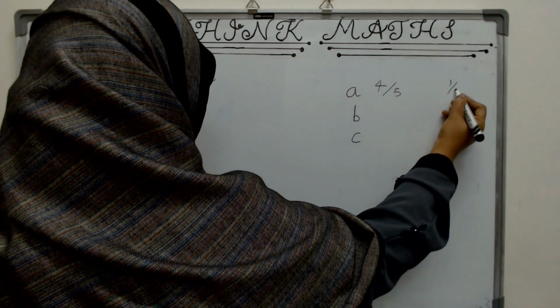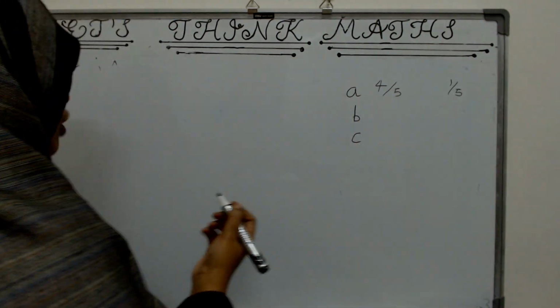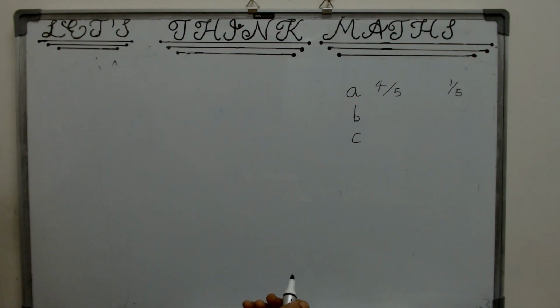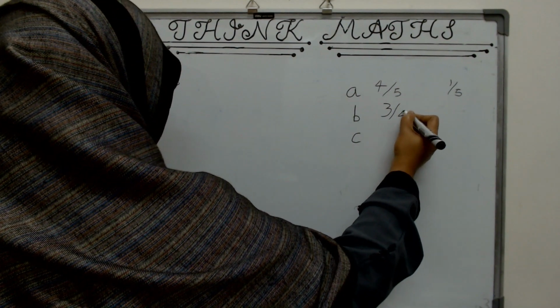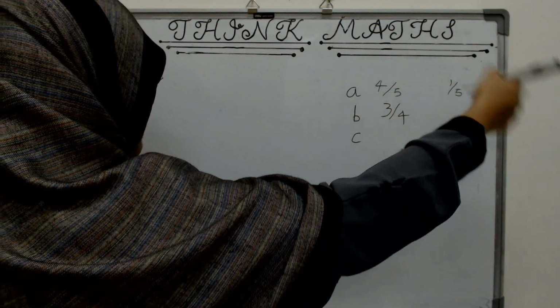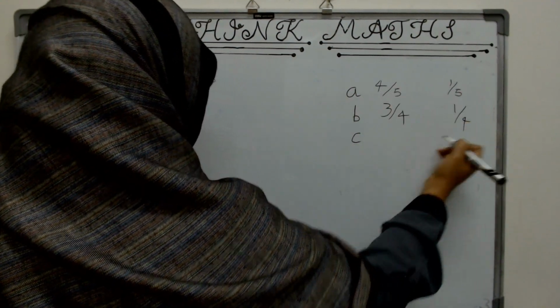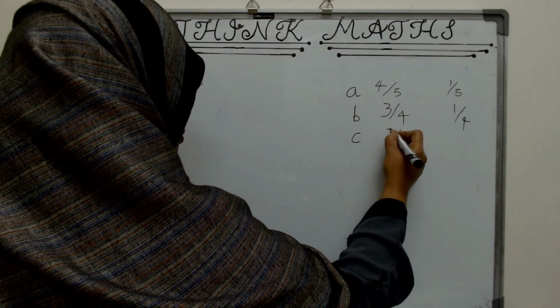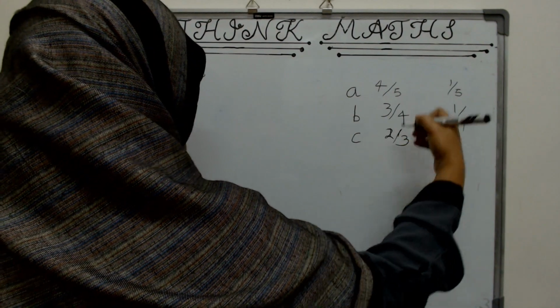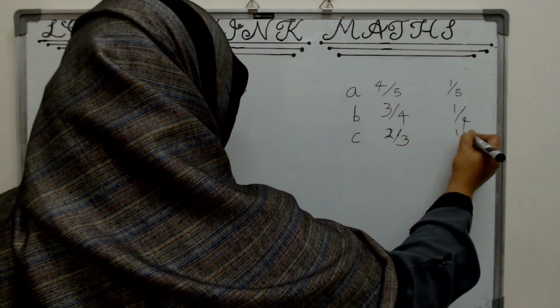It will be 1 by 5. Similarly, the probability of B hitting the target will be 3 by 4. Then the probability that B misses is 1 by 4. Similarly, for C, the probability of hitting the target is 2 by 3, and the probability of missing it is 1 by 3.